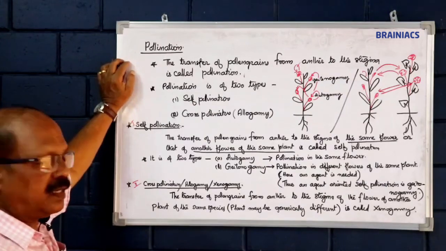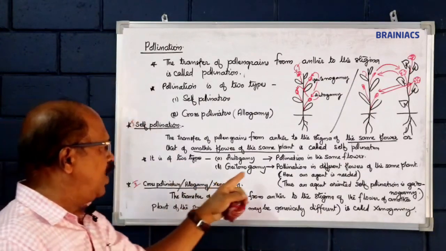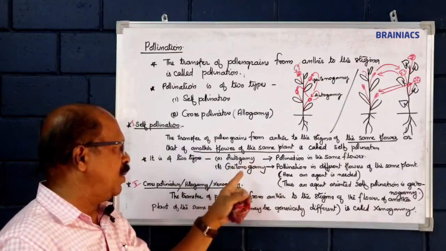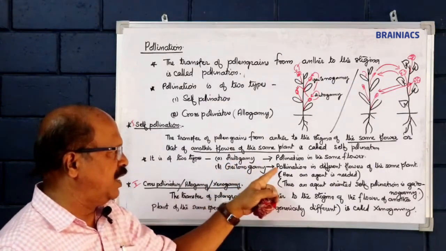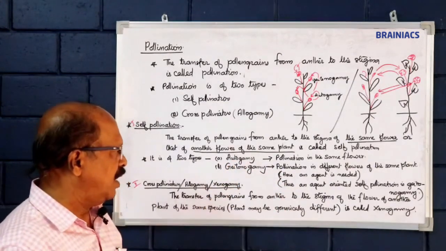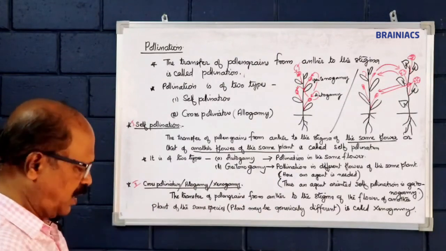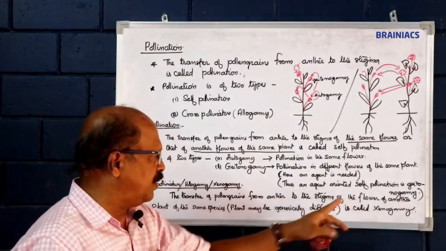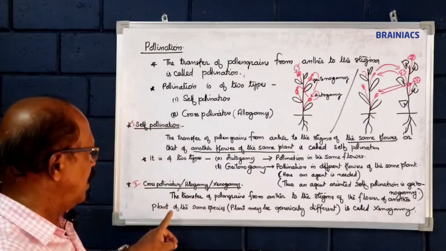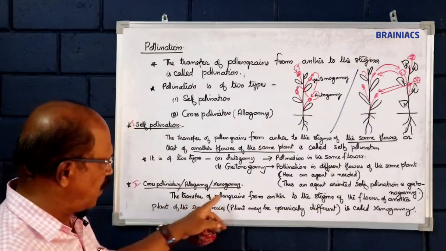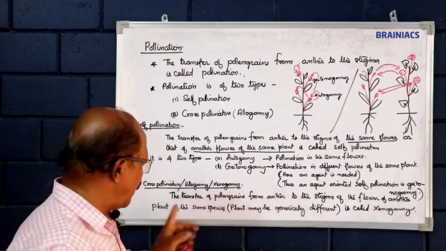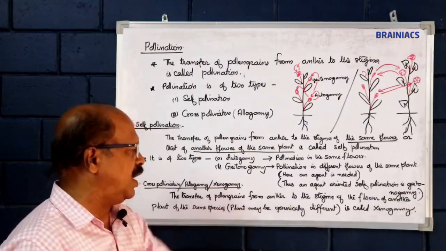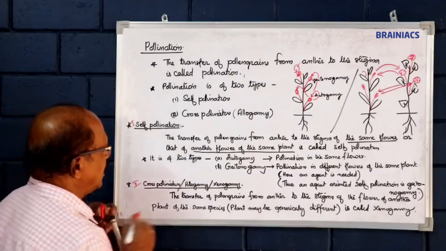Pollination in the same flower is autogamy. Pollination in different flowers of the same plant is geitonogamy. Cross-pollination is the transfer of pollen grains from anther to the stigma of the flower of another plant of the same species.